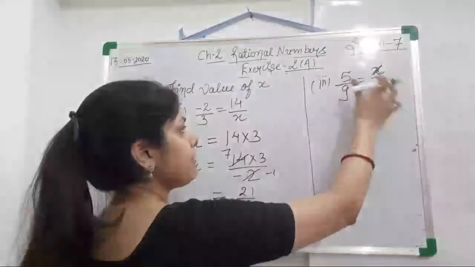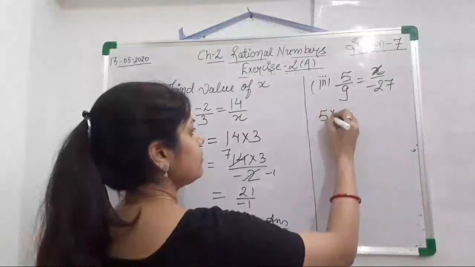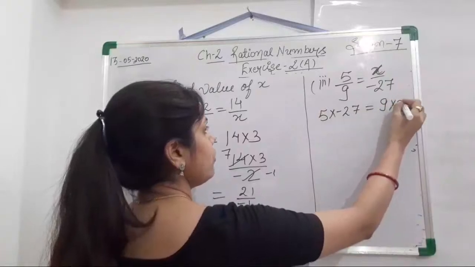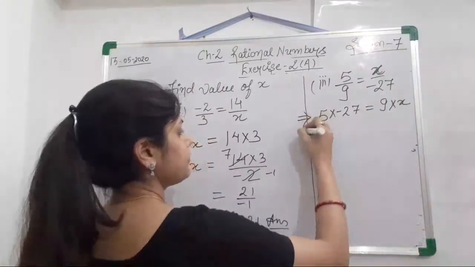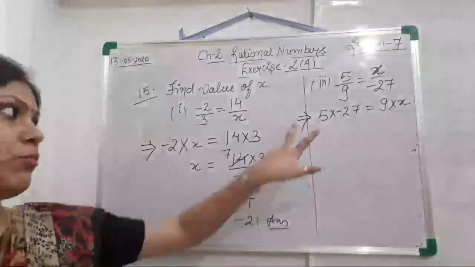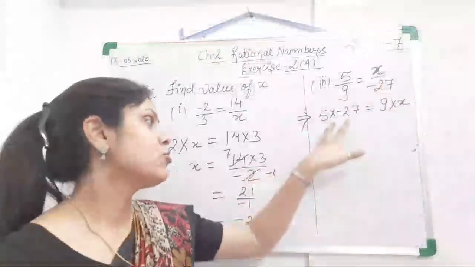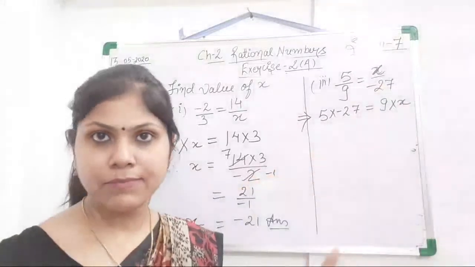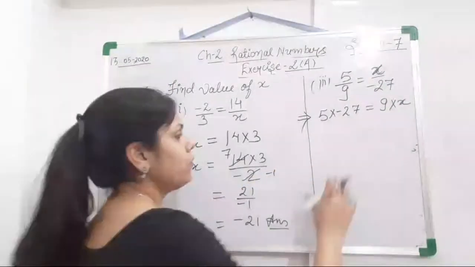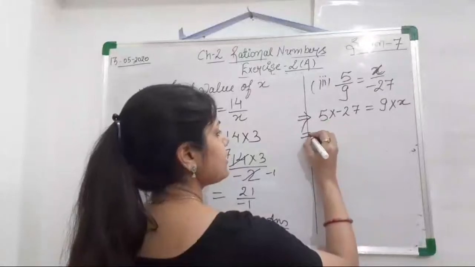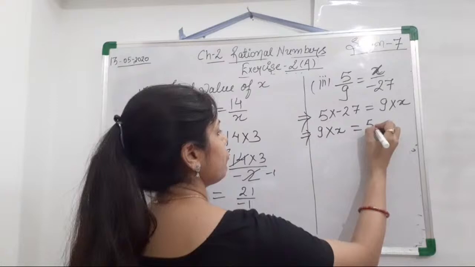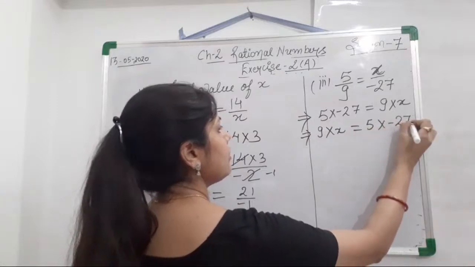Here 5 into minus 27 is equal to 9 into x. At the moment we don't put the equal to sign. So 5 into minus 27 is equal to 9 into x. Got it? You can also write this as 9 into x is equal to 5 into minus 27.